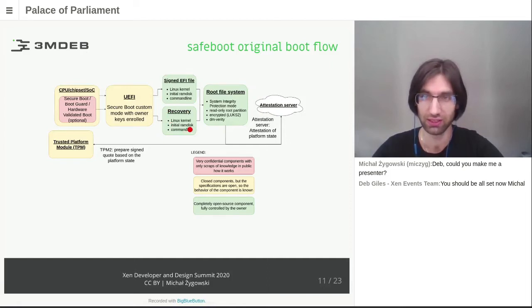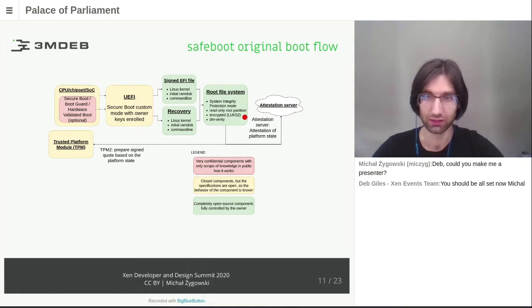We have the recovery, and then we have the root file system. The root file system is encrypted by the kernel with the keys stored in the trusted platform module. And based on the platform state, so the PCRs, we either unseal or not unseal the key.